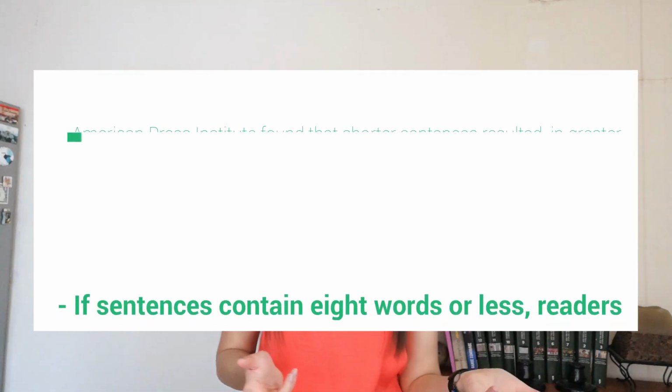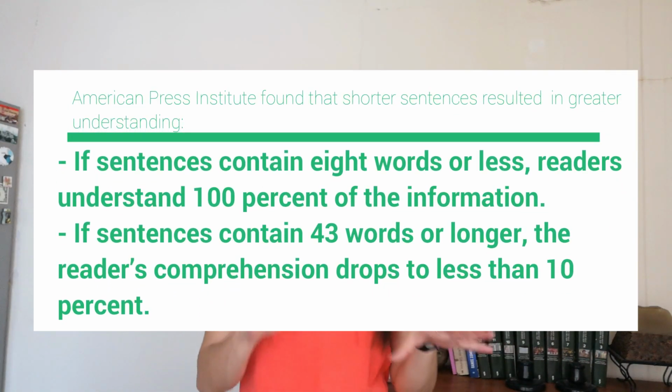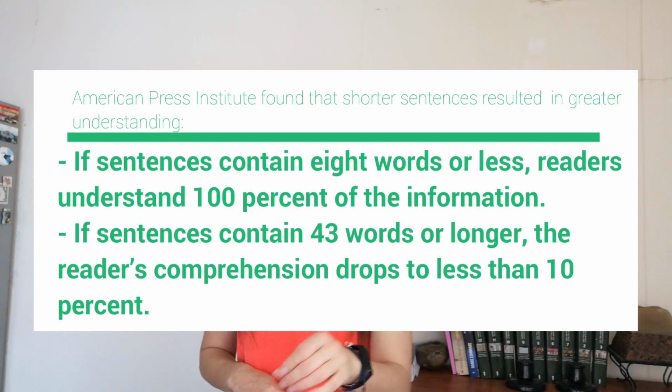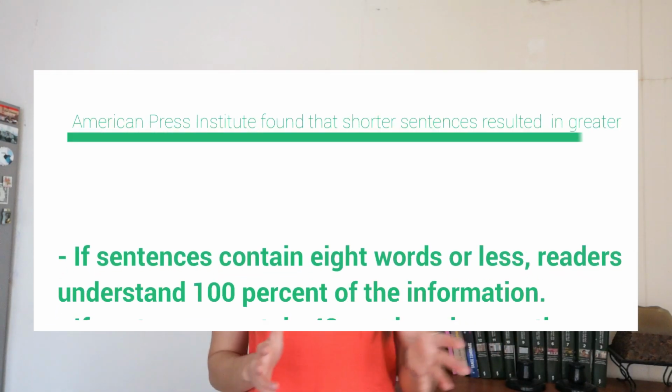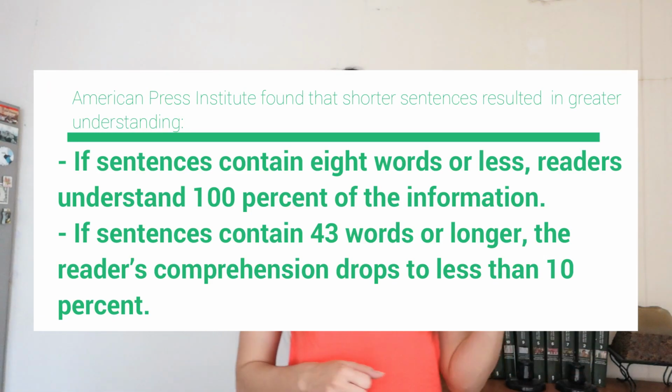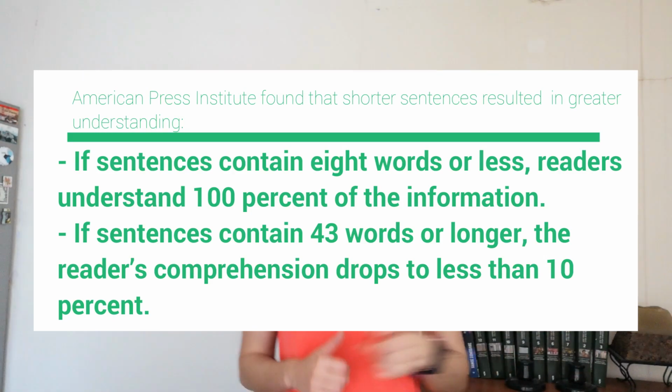Research by the American Press Institute found that shorter sentences resulted in greater understanding. If sentences contain 8 words or less, readers understand 100% of the information. If sentences contain 43 words or longer, the reader's comprehension drops to less than 10%.